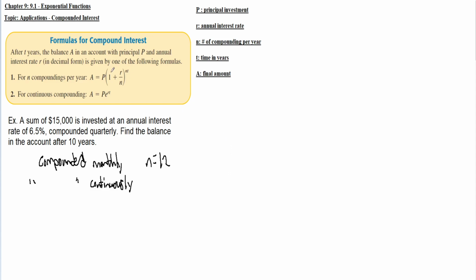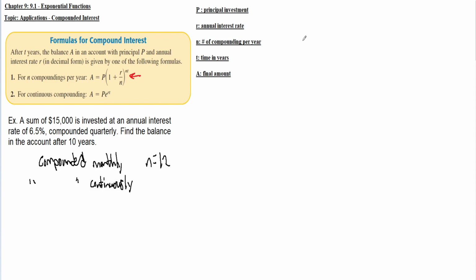Before we talk about this little text blurb over here in this example, what I want to do is go through a quick derivation for formula 1 over here. Say that I have some amount of money, my principal investment P, that I want to invest.